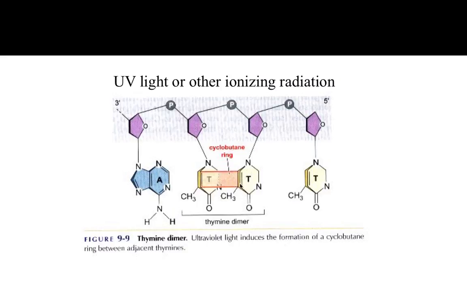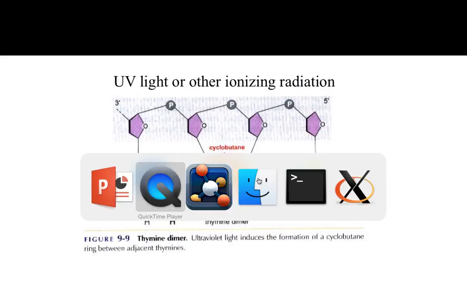And what that does is that instead of DNA having a displacement of about 36 degrees as it spirals on a helix, these two are now bound in such a way that they're directly stacked one on top of each other, and they are not actually in a nice order in the helix.